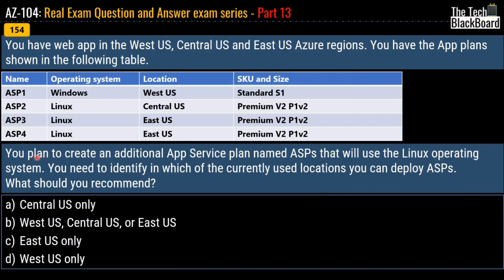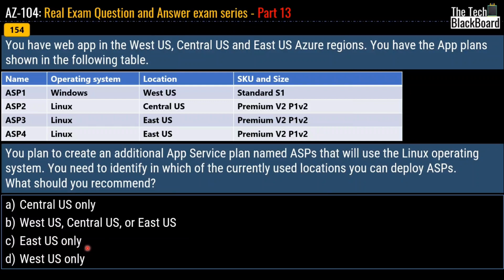Then the question says that you plan to create an additional app service plan named ASP5 that will use the Linux operating system. You need to identify in which of the currently used locations you can deploy ASP5. What should you recommend? Central US only, West US, Central US or East US, basically all the locations, East US only, or West US only?